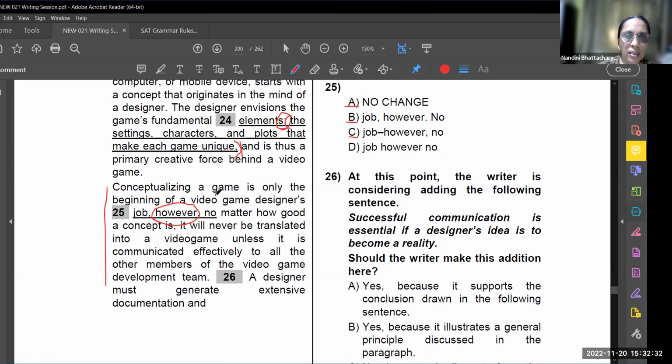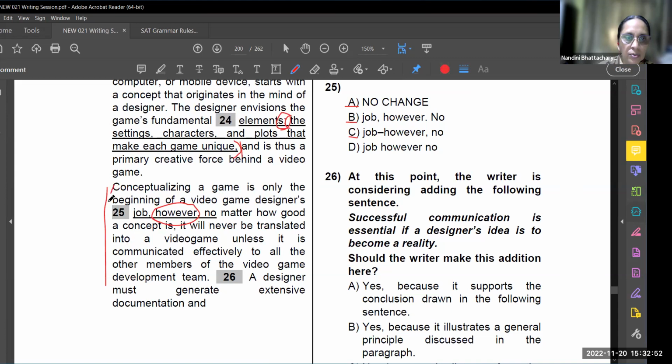Now, conceptualizing a game is only the beginning of a video game developer's job, however. And then it says, no matter how good a concept is, it will never be translated into the video game unless it is communicated effectively, et cetera. Right?